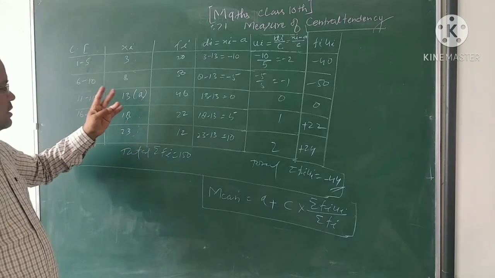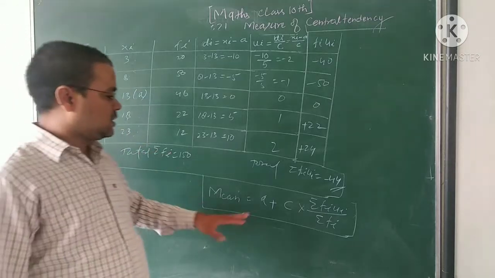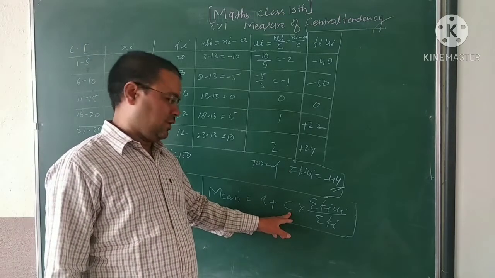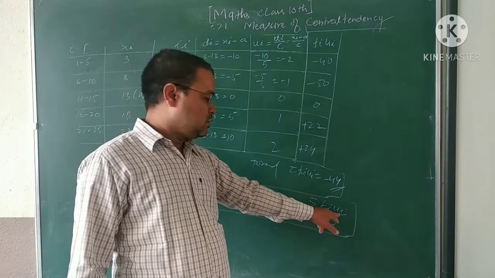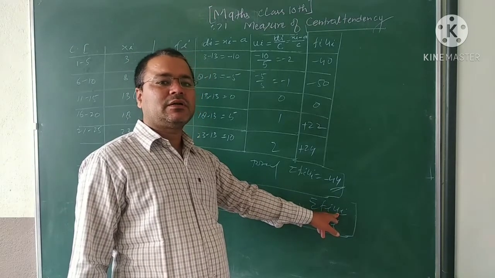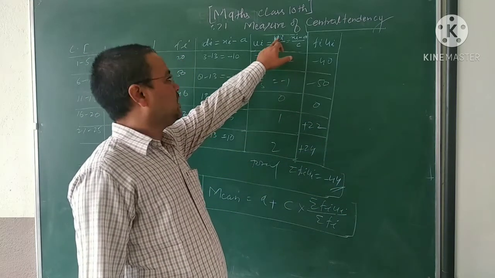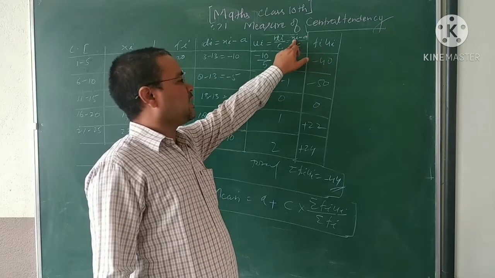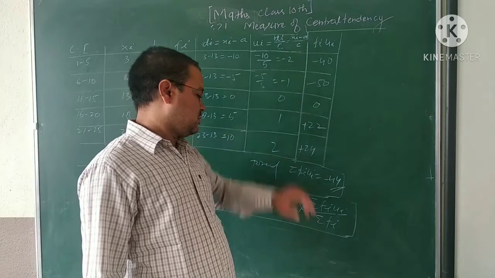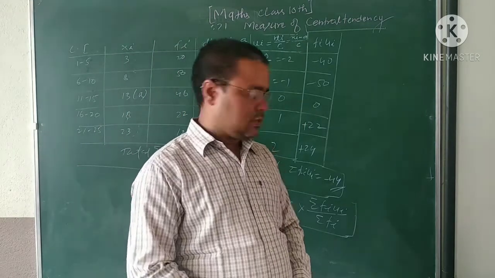Here 6 included, 7 included, 8, 9, 10 included, width of 5. You know what is Fi? Frequency. Ui is what? Deviation upon C, Di upon C. And what is Di? Xi minus A. What is A? Assumed mean. What is Xi? Class mark. And sigma F. Using this formula, we can find the value.